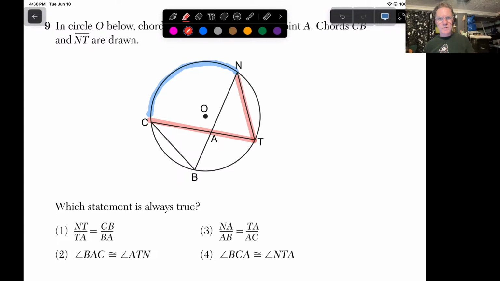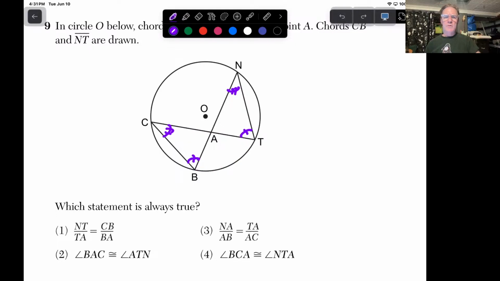If the arc is the same, the angles must be the same. Remember, the inscribed angle is half of the arc measure, so those angles are going to be congruent to each other. So this angle here, angle B, is congruent to angle T. And for the exact same reason, we know that C is congruent to N because they intercept this arc there.